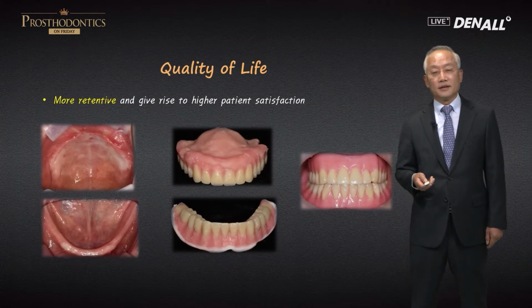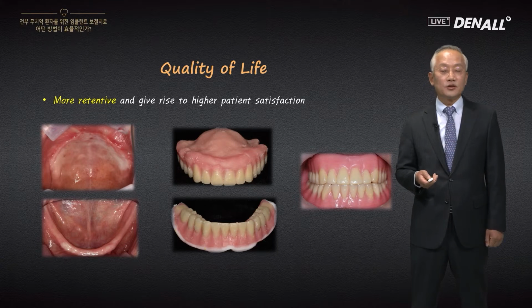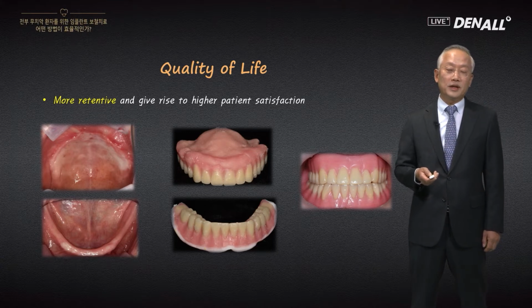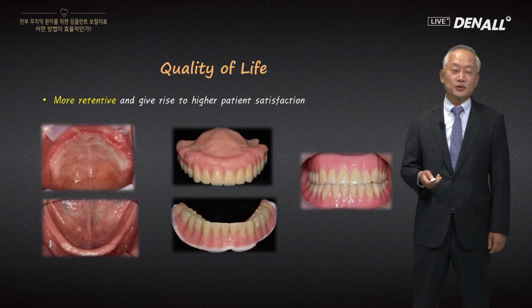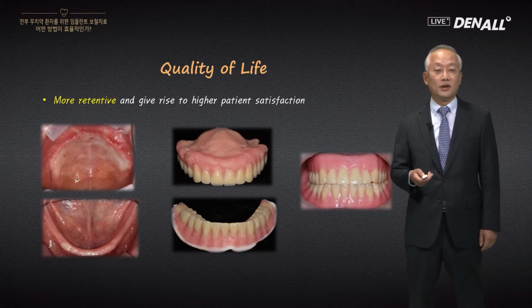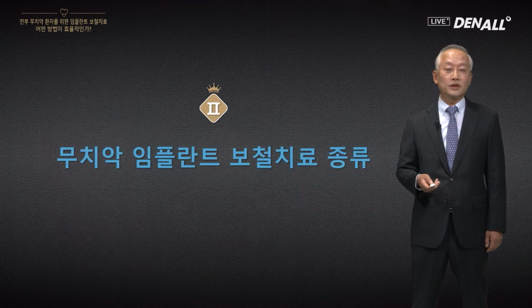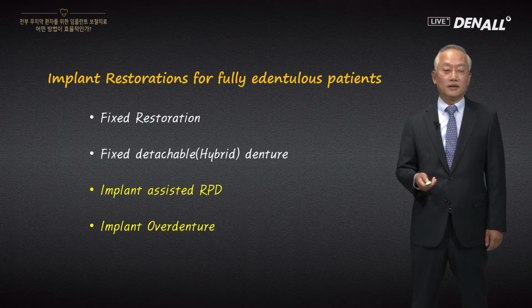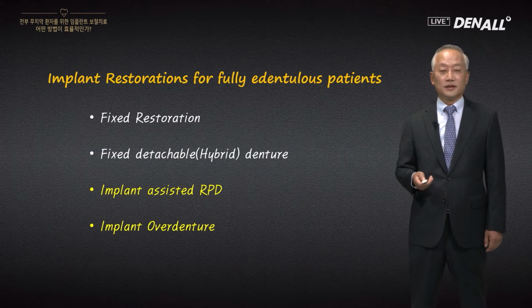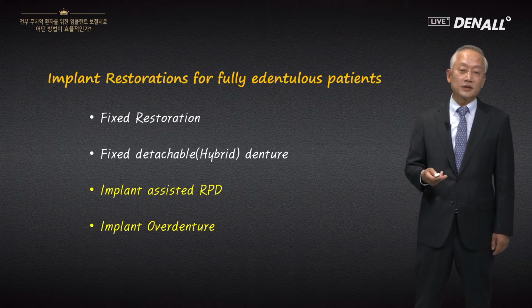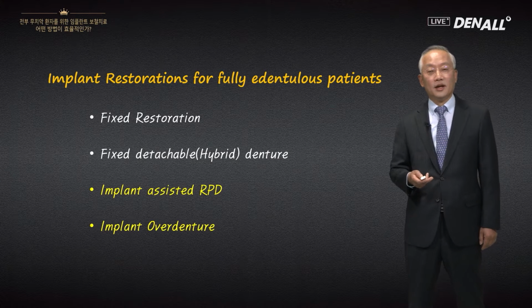Implant treatment is very important for full denture patients. It is very difficult to provide satisfactory treatment with just a full denture, as shown in the image. There are many difficulties in a lot of patients. Therefore, we come to use implants.